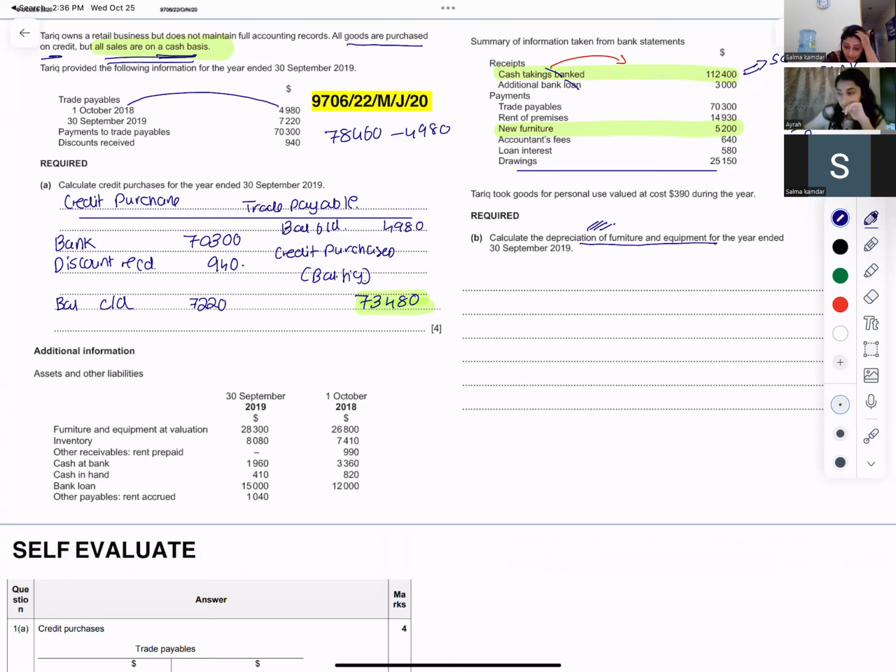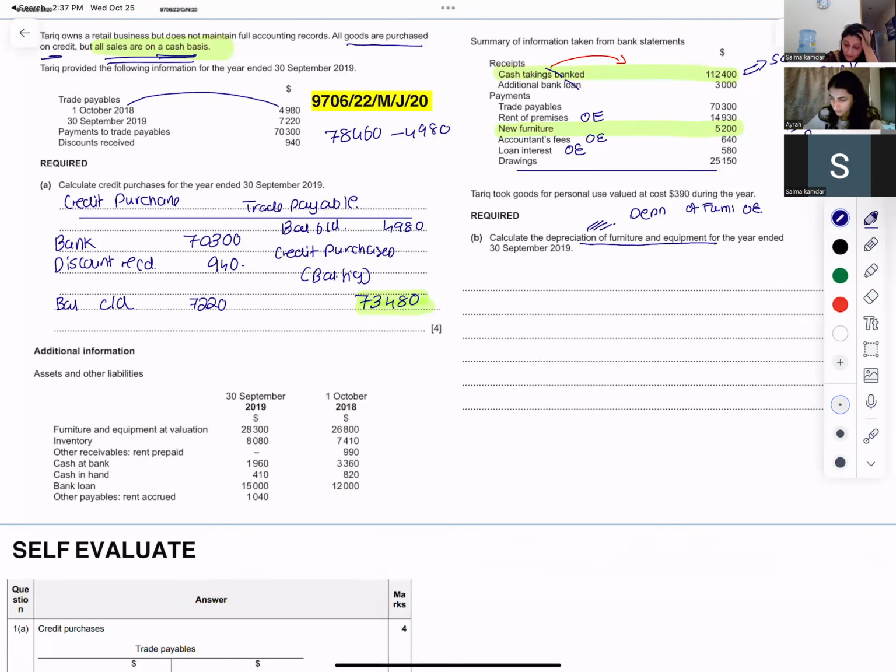Rent of premises will come in the other expenses. For furniture, what will come? Depreciation of furniture will come as other expenses. Then after that, accountant's fees and loan interest.